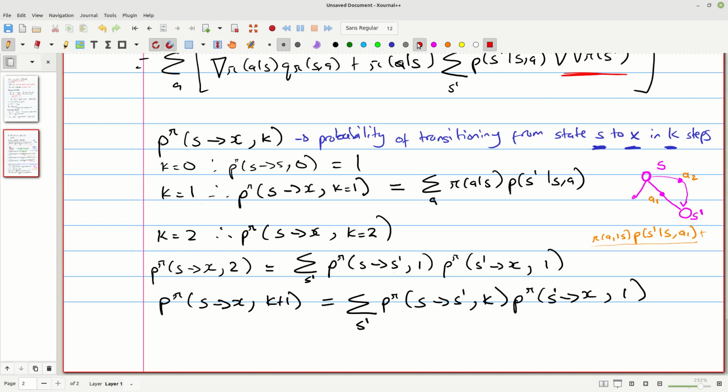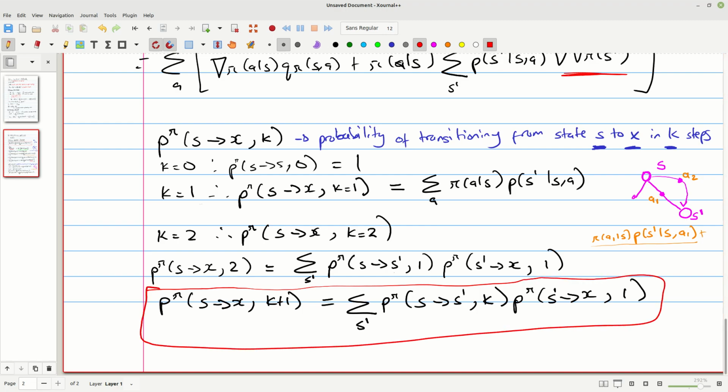That's the formulation here, and it's the result we're going to make use of in the future.